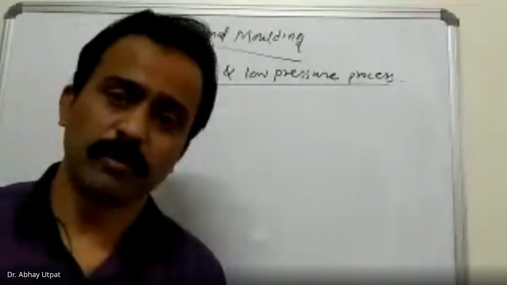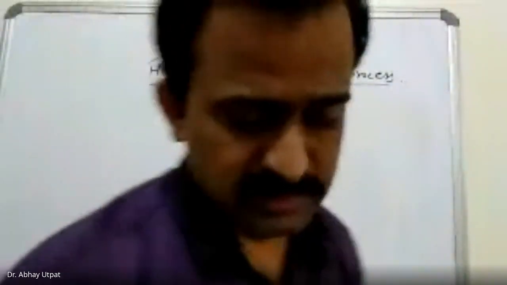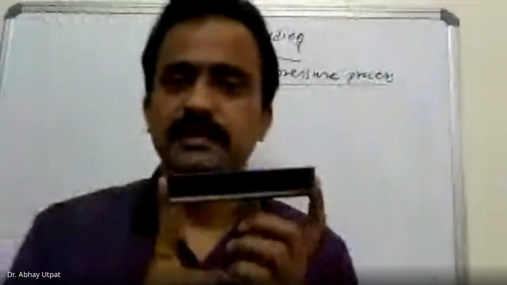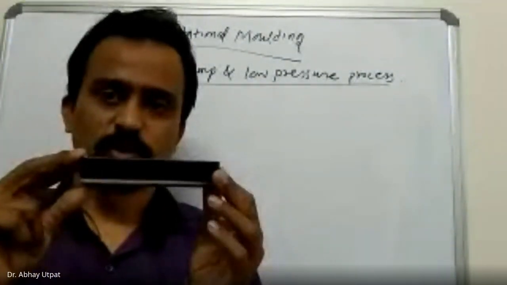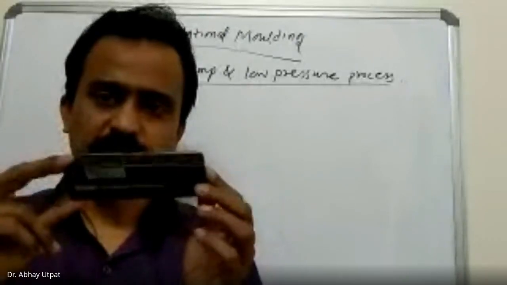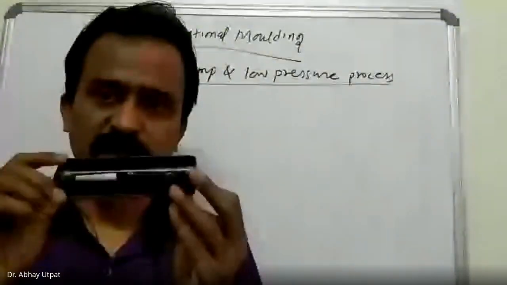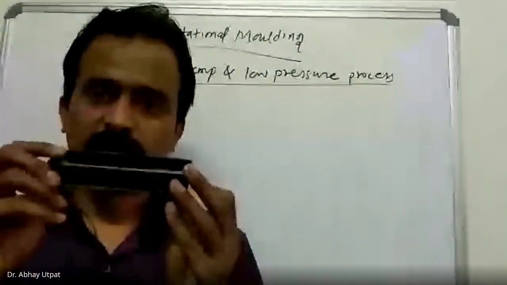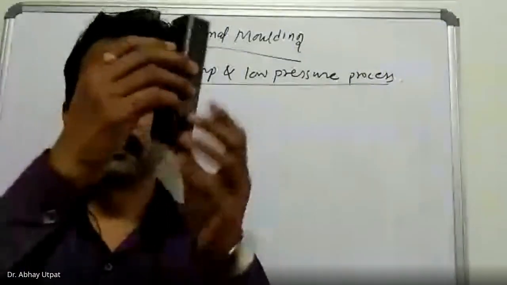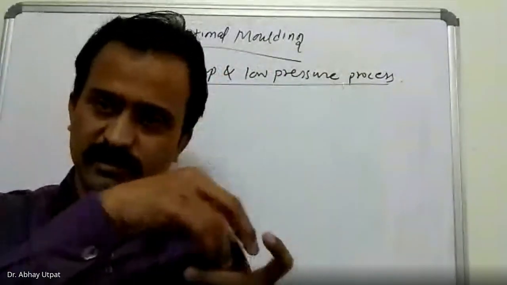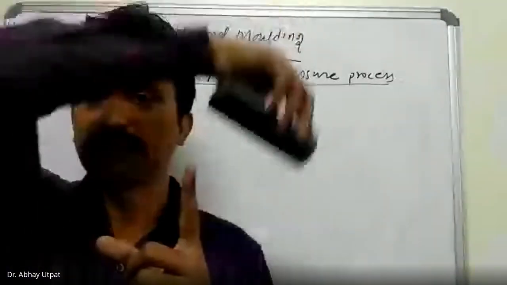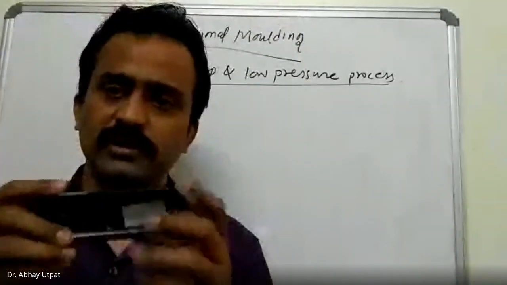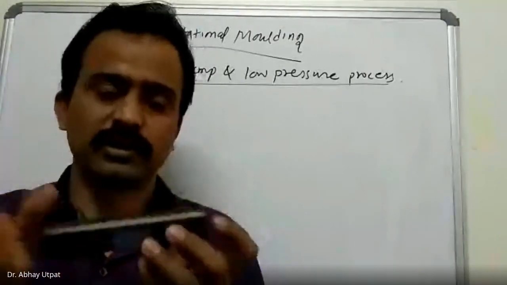What is the meaning of biaxial rotation? See this. Assume that this is a mold. This mold is rotating about its own axis. This is a single rotation. Along with it, it is rotating around this central axis as well.